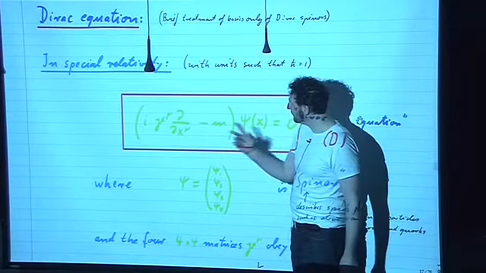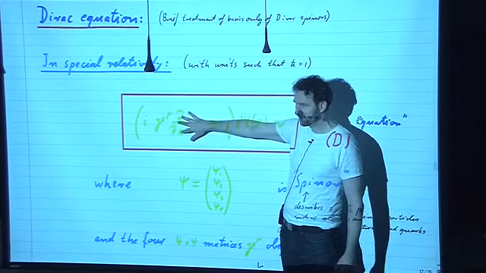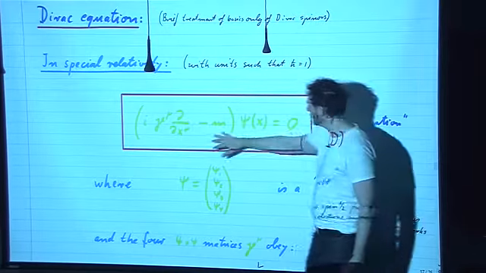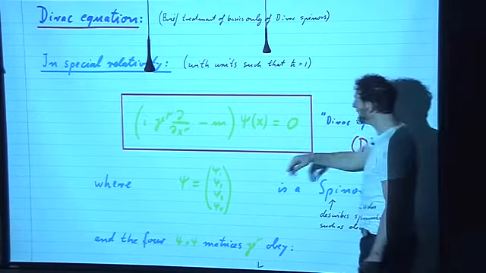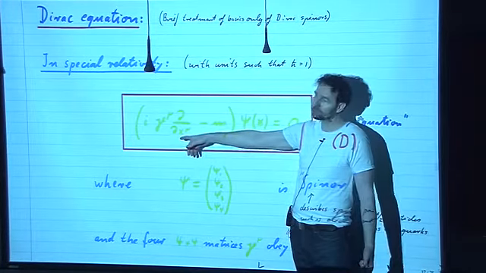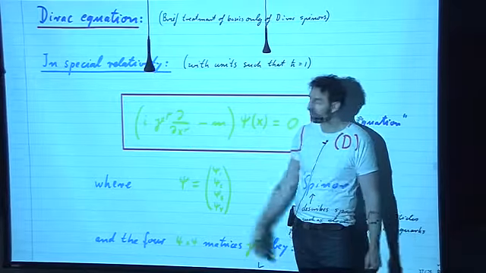So Dirac was facing the problem that he wanted to write down a first order differential equation in time for relativistic fields. But when you have only first derivatives in time, you can also only have first derivatives in space. Otherwise, how could it possibly be covariant?